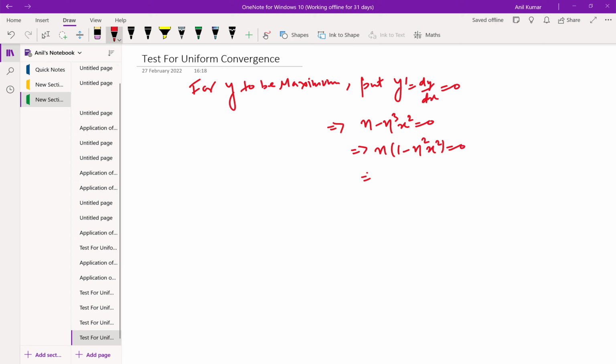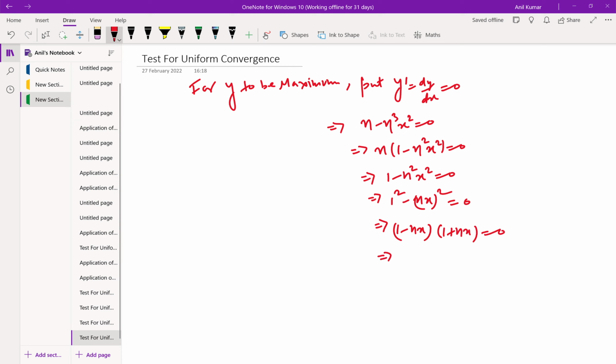और यहाँ से हमें क्या मिलेगा? n cannot be 0 क्योंकि n is a natural number 1 to 3, so it cannot be 0, so 1 minus n square x square has to be 0. We can write this as 1 square minus (nx) whole square. It is of the form a square minus b square. We can break this into (a minus b) into (a plus b). So (1 minus nx) multiplied by (1 plus nx) is 0.